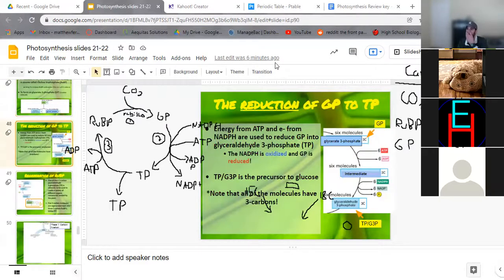So we said in step 2, reduction. It's called reduction because we're going to be reducing GP. We said we have 6 molecules of GP, and each one of them is going to get reduced by an NADPH. So how many NADPHs are actually going to be used here?